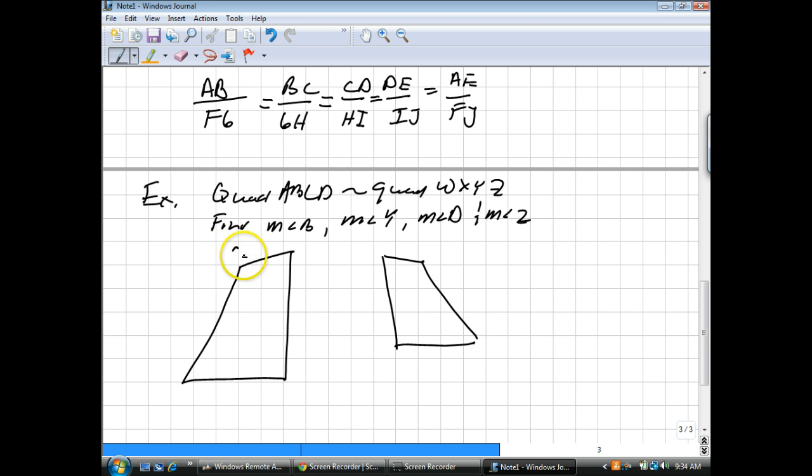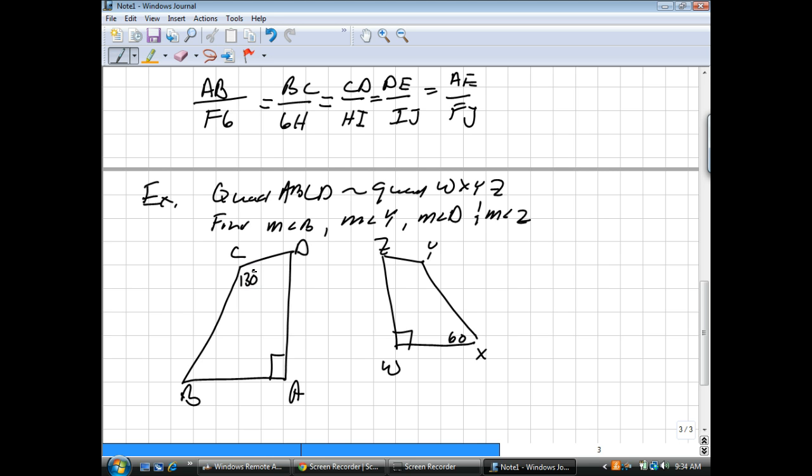Okay, so this is C, D, A, B. And this is X, W, Y, and Z. And this is a right angle, this is a right angle, this is 60, and this is 130.